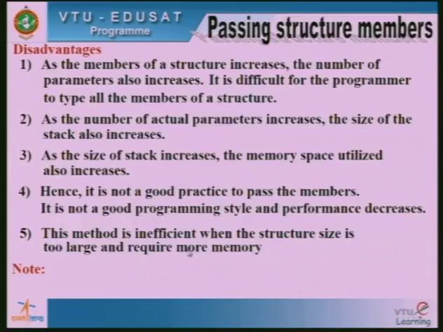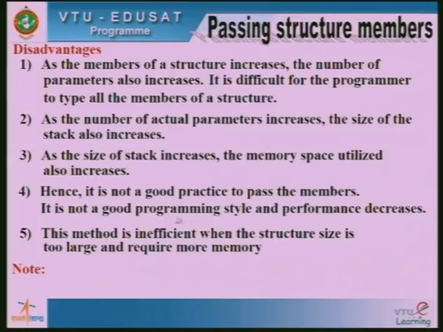That is the reason I said, if you observe this point, this method is inefficient when the structure size is too large. So, is this structure too large? In the previous case we have only two fields. That is the reason we could pass a.n and b.n as arguments to the multiply function.